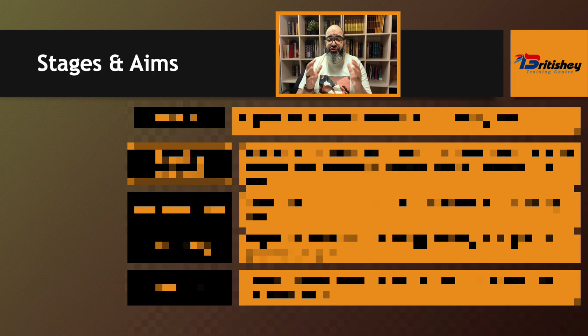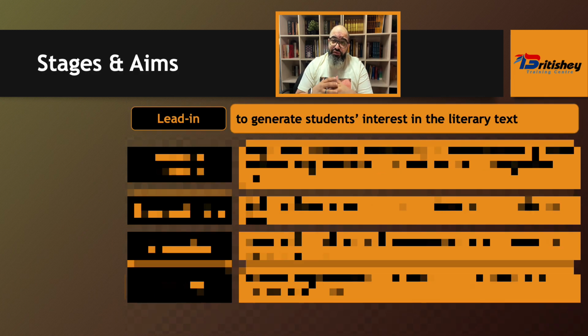But what about the stages and rationales behind these stages in the PRA, the personal response approach? Let's see. And as usual, stage one is leading. And leading, as we know, is to generate students' interest in the literary work. And again, in leading, in this approach, we try to personalize things. We try to make things more about a student's life.